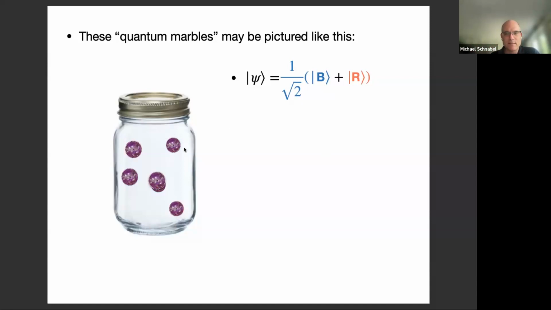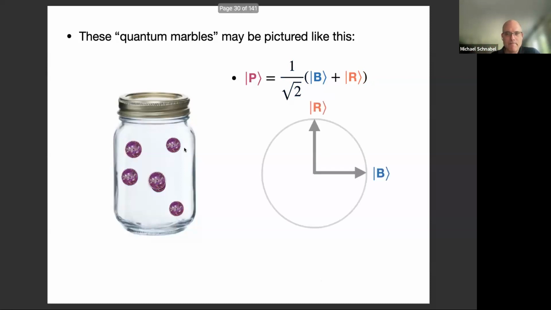These are like strange marbles, and we call them P. It's just in mathematical form, and now it's again a reformulation in graphical form: the blue marbles, the red marbles, and then the purple marbles.